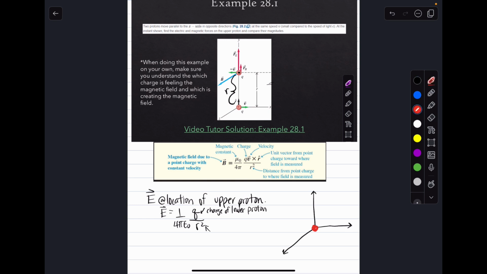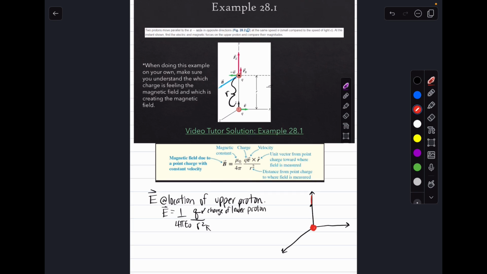We just want to know the field right here, which happens to be the location of the upper proton, but we're going to pretend like it's not there for now. So the E field would point directly away from the lower proton along the y-axis, which is j hat. So E would be 1 over 4 pi epsilon naught Q over R squared j hat.